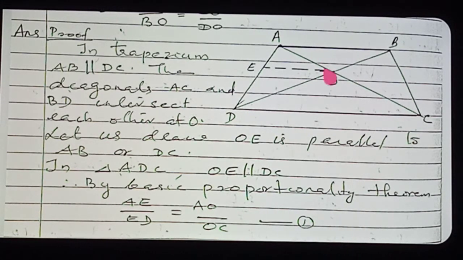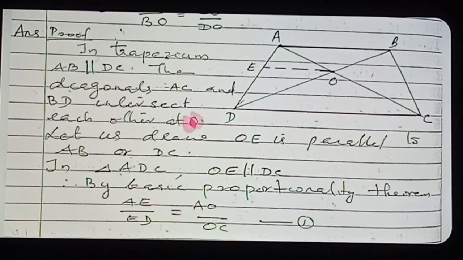Keep your textbook along with you so that while scrolling you can see the diagram. So once more, see which triangle we are taking. Triangle ABD. In triangle ABD, OE is parallel to AB. Therefore this OE intersects the other sides. Which are the other sides?